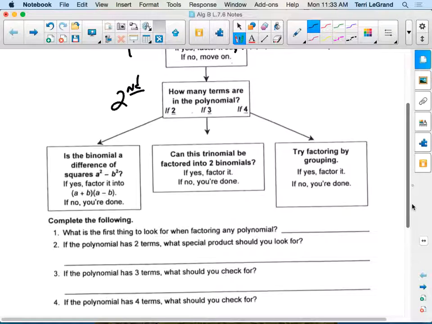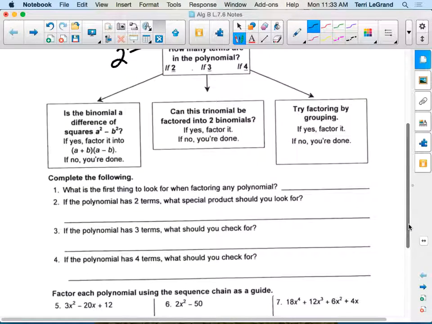So we're going to see if we can factor it using the diamond method. If we can't, then we're done. Well, if we have 4 terms in that polynomial, now we're going to say, oh, that means I've got to try the factoring by grouping method where I can make 2 groups of 2. And I'm going to see if I can factor it by grouping. If I can, I move on and do it. If I can't, I'm done.